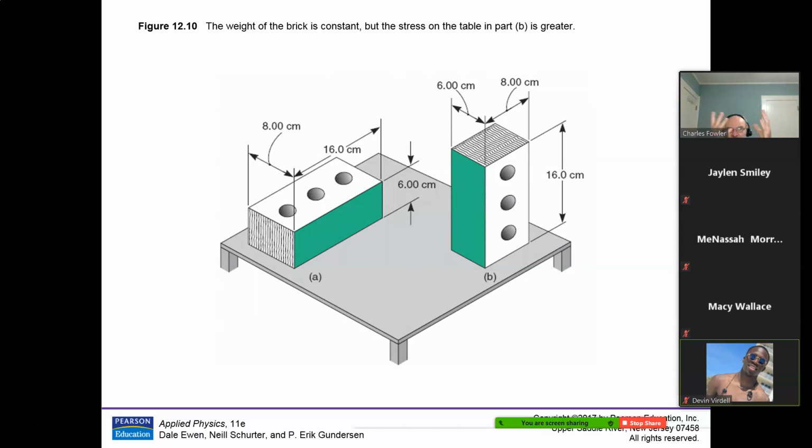Much smaller surface area, same force. Therefore, you're going to have a lot more stress on my foot. I will feel that spike heel much more strongly than the other, even though they have the same force. Same force, but different area. Okay? They give that also in the book.